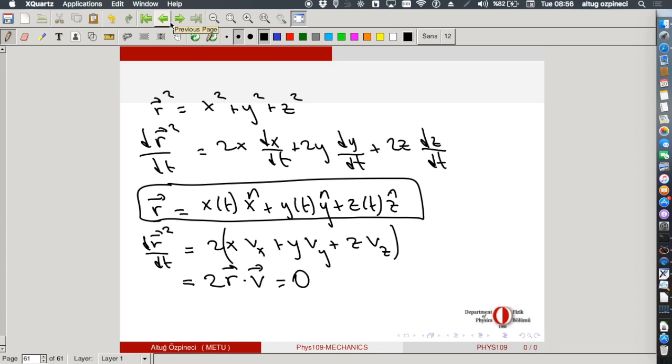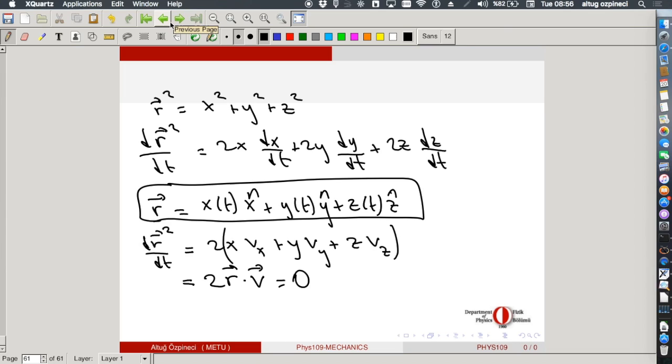The only difference is that it's not ordinary multiplication, it is scalar multiplication. Although currently we are writing all this out to show that the derivative of r squared with respect to time is equal to twice r dot v, in a couple of months you will be able to write this in a single line. So it will take much shorter. Now, any questions on this derivation?